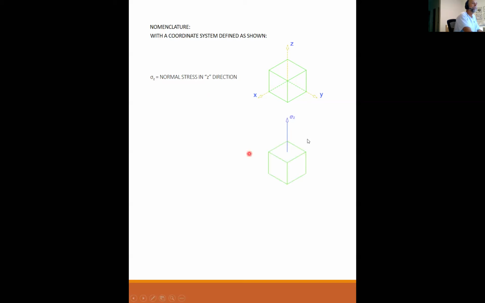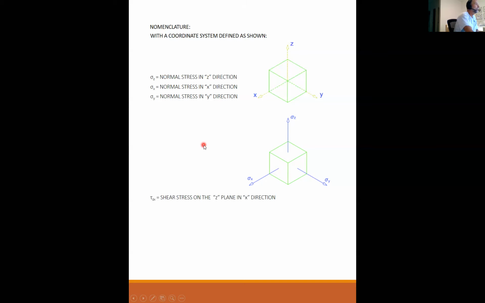So this would be sigma z, parallel to the z direction. Likewise, sigma x would be in the x direction, and sigma y in the y direction. So these are your three directions. Of course, the other three sides would just be minus sigma y, minus sigma x, minus sigma z. So we don't really need to reiterate all six faces. The three are sufficient.